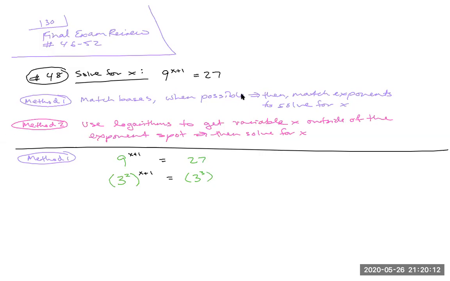All right, so now what happens over on the left-hand side? Well, you're going to have your 3. That 2 is going to be multiplied by the x plus 1 because of our exponent rules. And then on the other side, we still have 3 to the 3rd power. Okay.